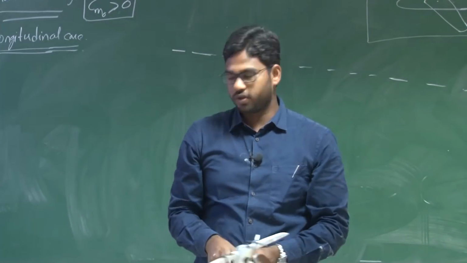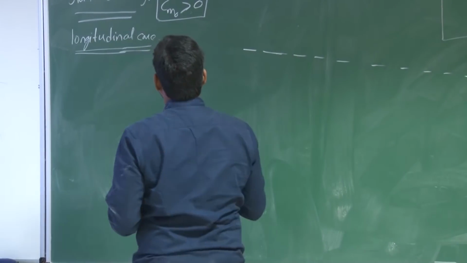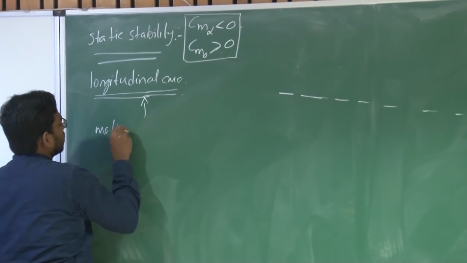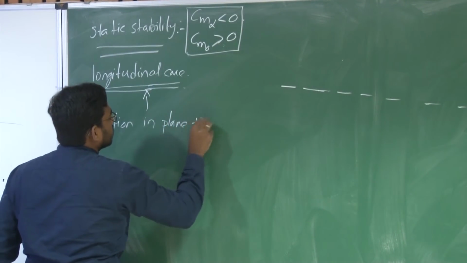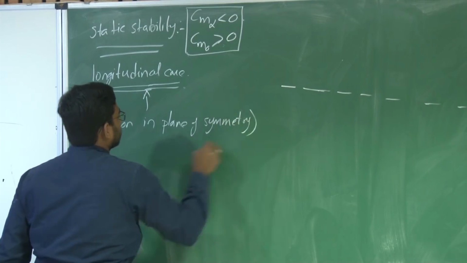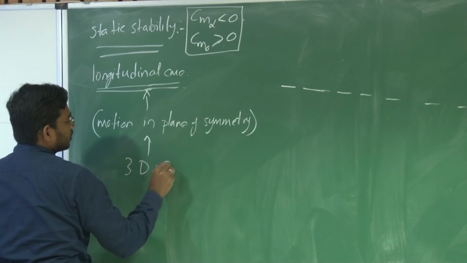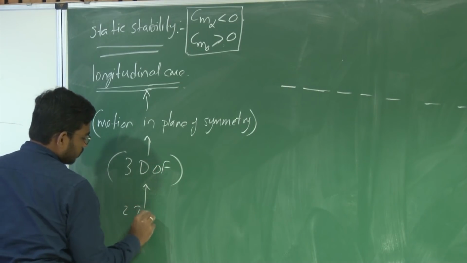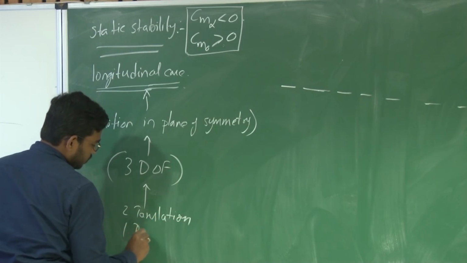So, these are the three motions in this longitudinal plane, the motion in the plane of symmetry. How many motions? 3 degrees of freedom: 2 translations and 1 rotation.